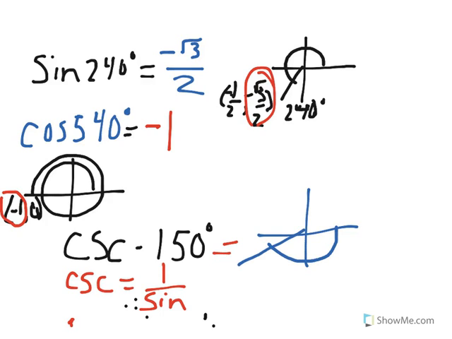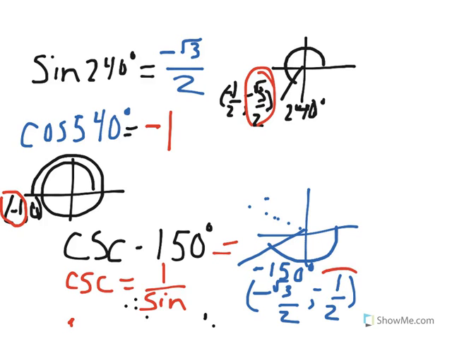You could have also just gone up here to where the positive 150 degrees is and then just reflect over the x-axis. So that's -150 degrees. And then what you need to do is know what the coordinates are right there at -150. Well, the coordinates are both negative because it's in the third quadrant. So that is negative square root 3 over 2, because this is your 30-degree angle, and -1/2. Now, this is asking for the cosecant.